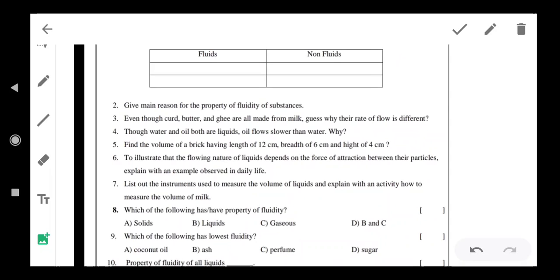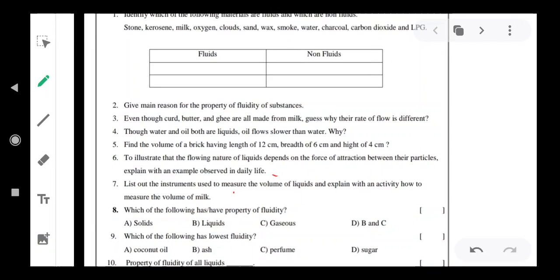Next one. Water and oil both are liquids. Oil flows slower than water. Why? Because water is less thick than oil. The oil is thicker.